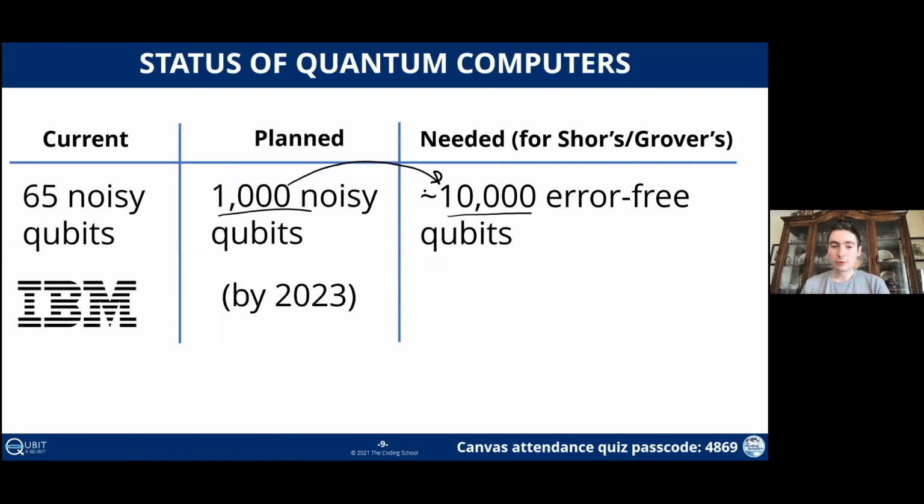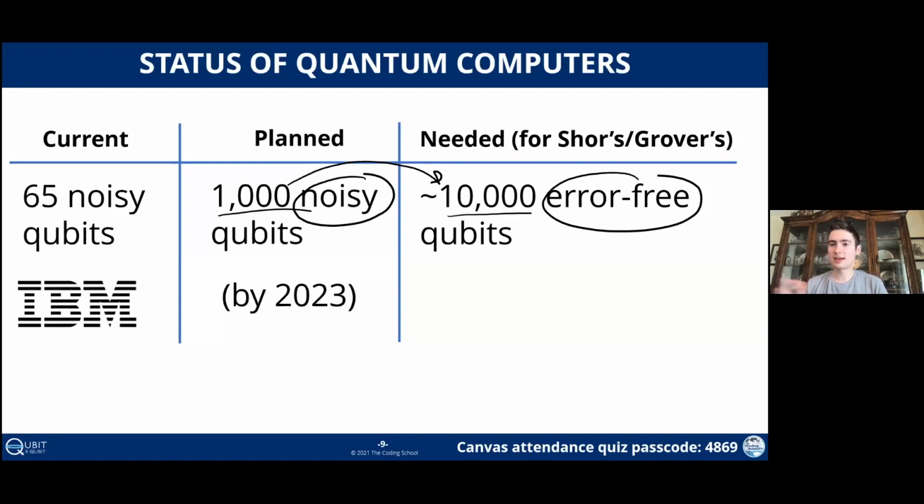But probably the more important point here is the distinction between noisy and error-free qubits. And this is probably what's going to hamper quantum computing development quite a bit more in the next few years, not necessarily the number of qubits, but the quality of those qubits, right? When we talked about Shor's and Grover's algorithms, or I guess we talked mainly about Grover's, we didn't consider error at all.